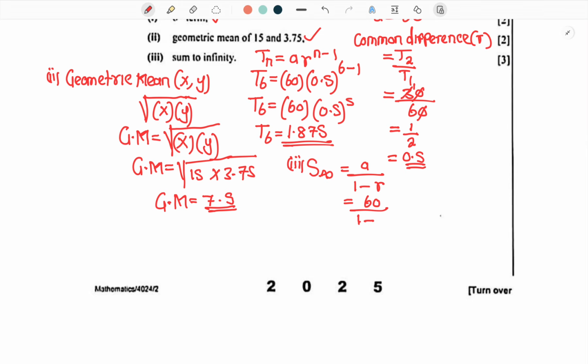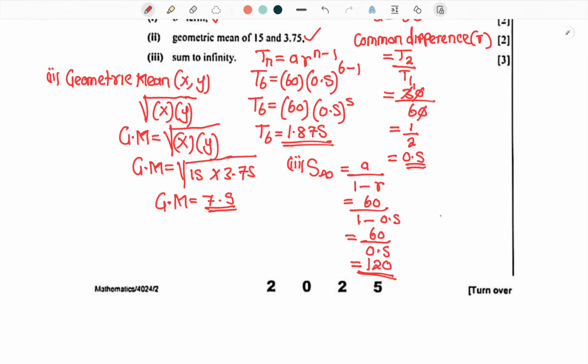The common ratio was actually 0.5. So you get your calculator, you say 1 minus 0.5. You will get 0.5. So 60 over 0.5 is the same as 60 multiplied by 2. Of course, we are going to get 120, and then you get your final answer. Okay, so when this question comes, make sure that you get everything.